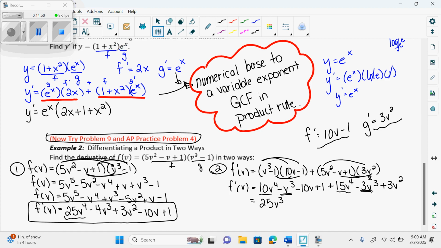Negative 4b cubed minus b cubed, negative 4b cubed, plus 3b squared, minus 10b plus 1. The 25b to the 4th, yeah.